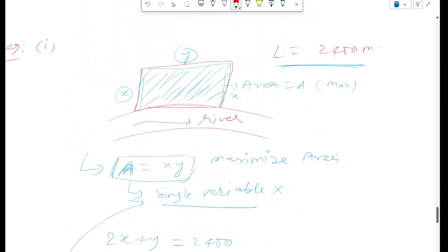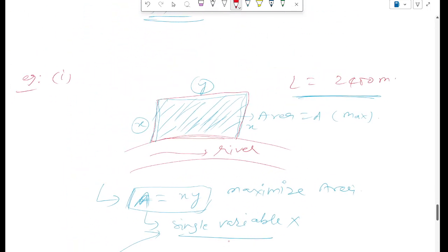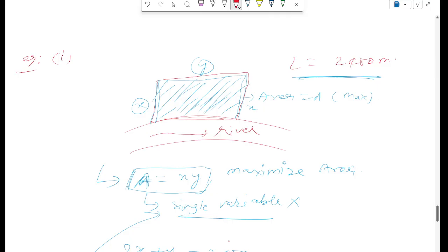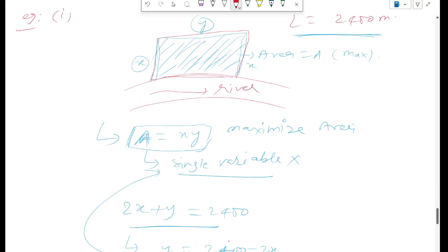See what we did here. First we formulated the problem in pictorial form so that we understand exactly what this question is asking. Second, we defined in algebraic form the function that we are going to maximize or minimize, that is, optimize.